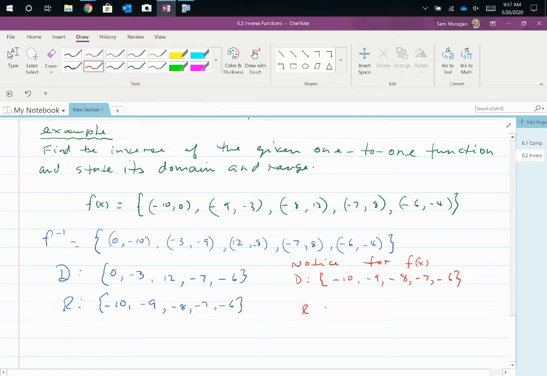And the range would be 0, -3, 12, -7, and -6.